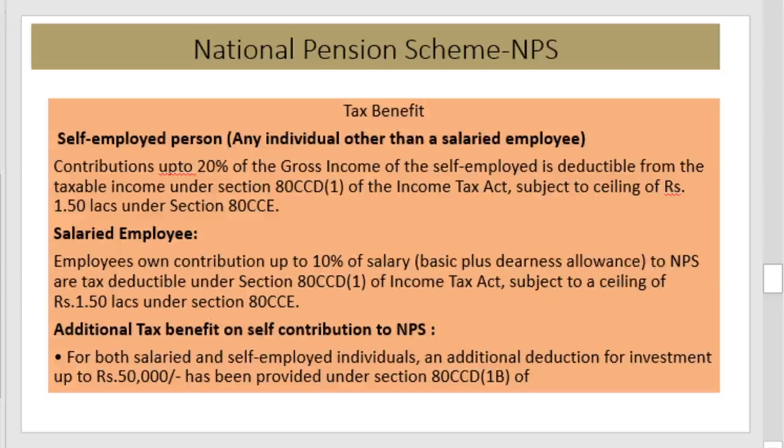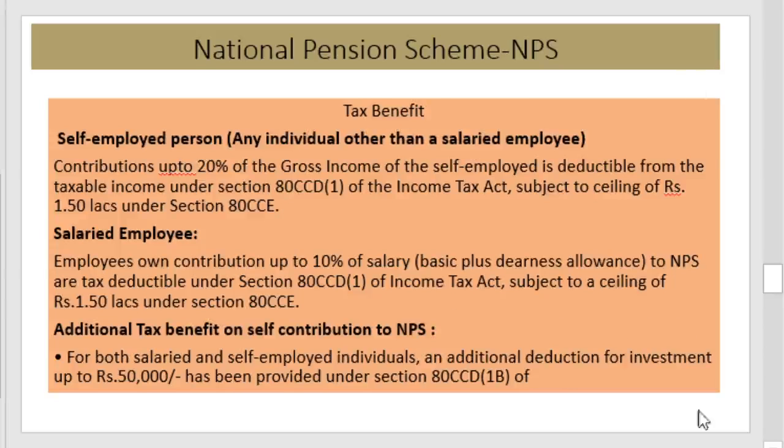For salaried employees, a contribution up to 10% of salary to NPS is deductible under Section 80CCD(1) of the Income Tax Act, subject to the ceiling of 1.5 lakhs. An additional tax benefit on self-contribution to NPS for both salaried and self-employed individuals, an additional deduction for investment up to 50,000, has been provided under Section 80CCD(1B).